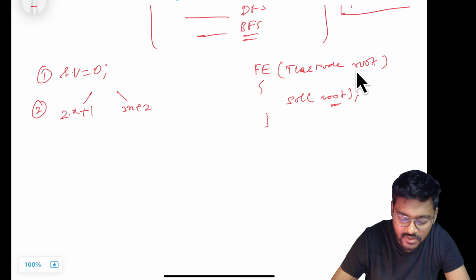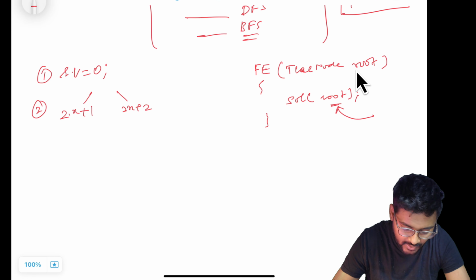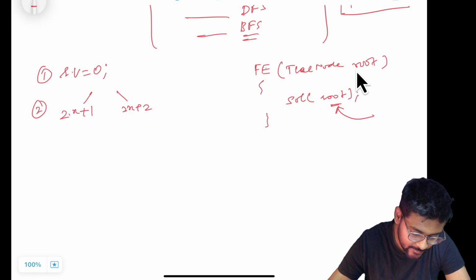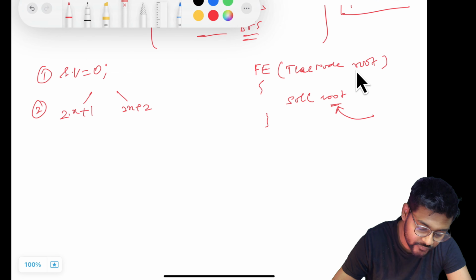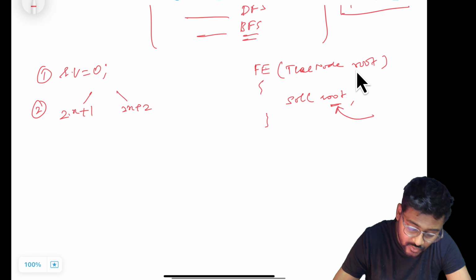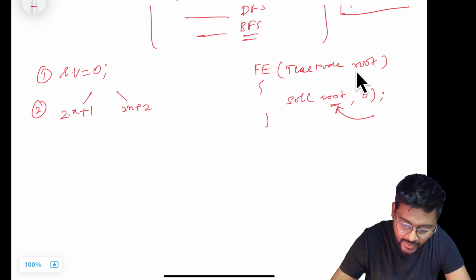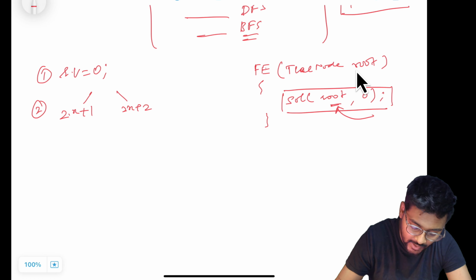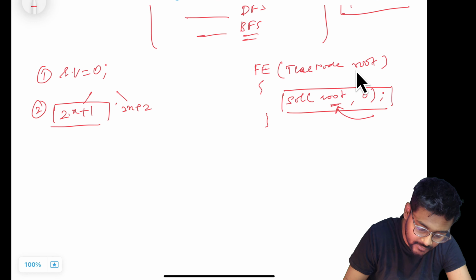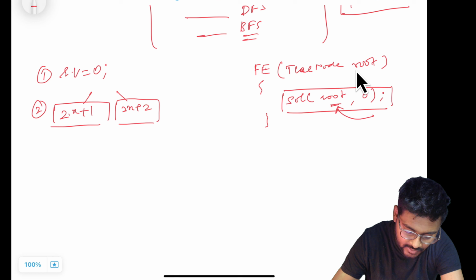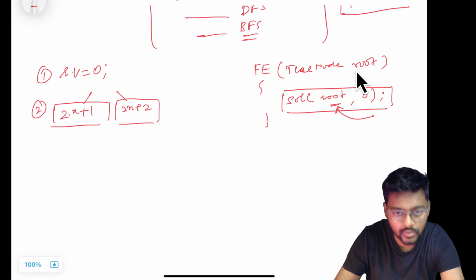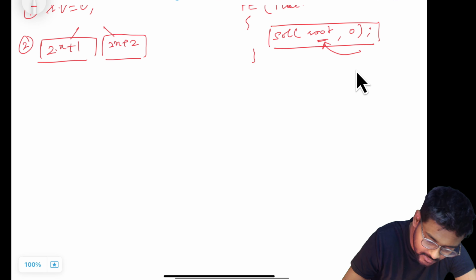Traversal means just get the root, and along with the root I am also going to pass one more variable, which is the value of the current node. Because if it is root, I know the value of the current node. Current node is 0 initially, and later on for the subsequent calls I can compute the value. For the left child of the root it's 1, right child of the root it's 2, and so on, right?